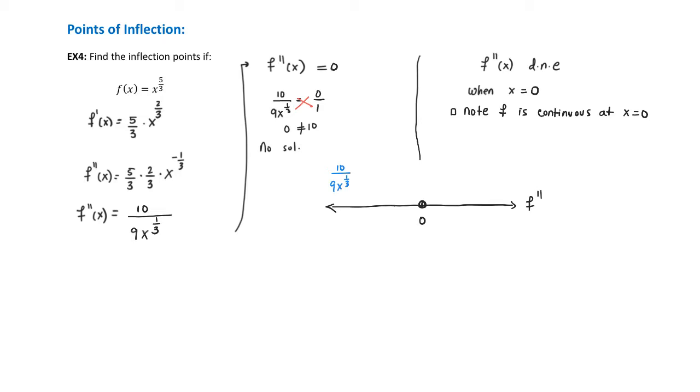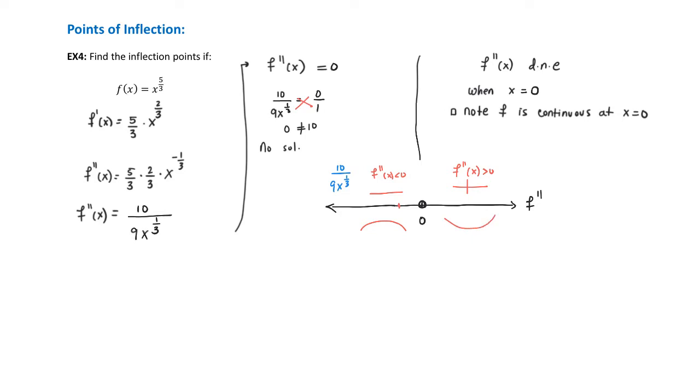What happens if I choose -1? If I plug in -1 in place of x here, I am going to get a negative value. That means that my graph is going to be concave down when the second derivative is less than 0. Then if I choose a test point, something like 1, and I plug in 1, I'm going to get a positive second derivative. The second derivative is bigger than 0. So my graph is concave up.